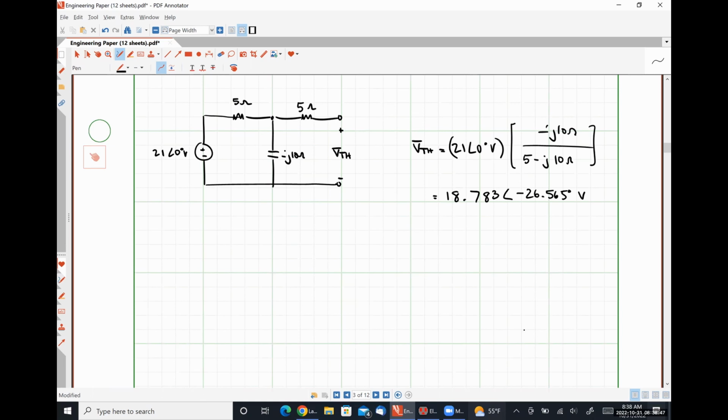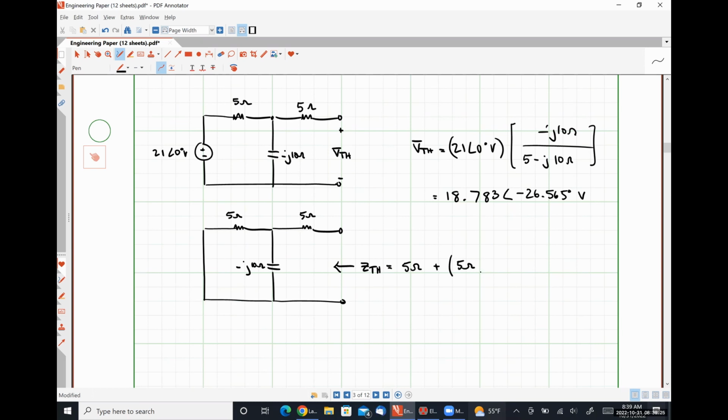What is our Thevenin equivalent resistance going to be, or impedance in this case? Well, we need to be looking at a dead network, so we turn off our voltage source. We have a 5 ohm resistor here, a negative J10 ohm impedance here, a 5 ohm impedance here. We're looking in. So to me, this looks like 5 ohms plus 5 ohms in parallel with negative J10 ohms.